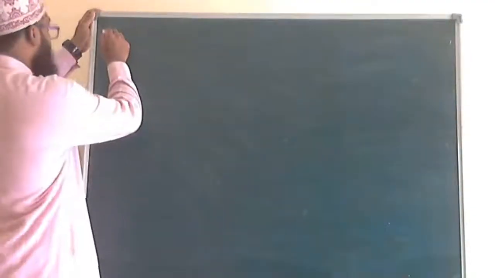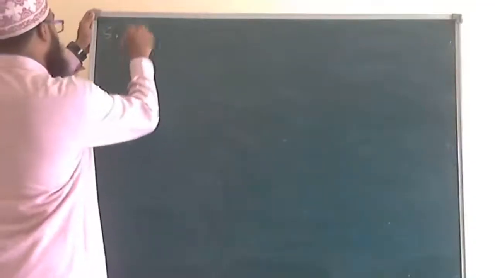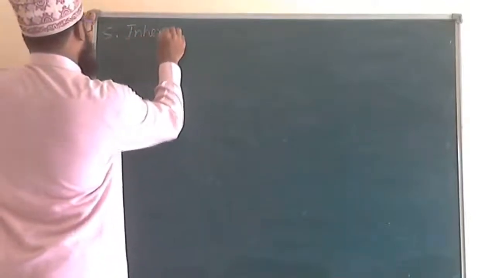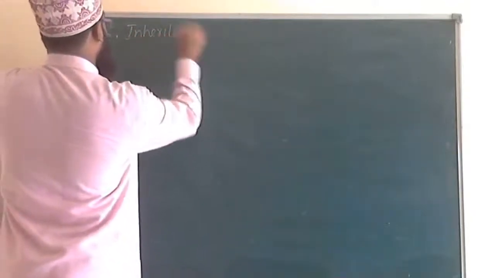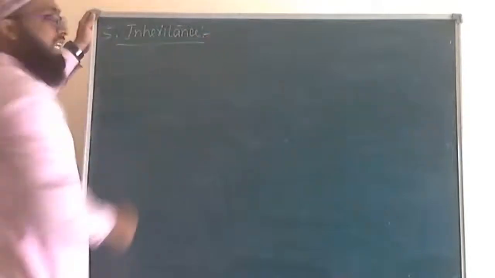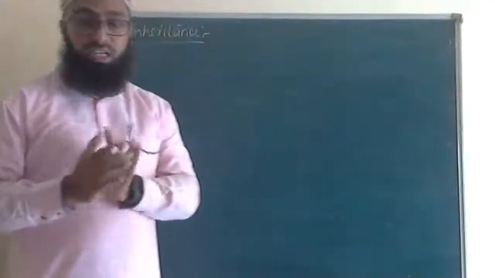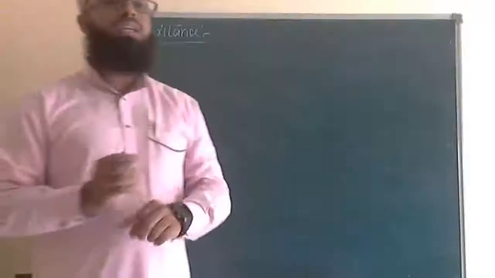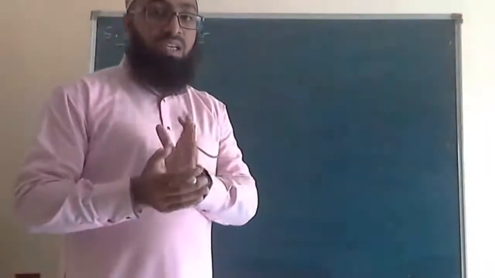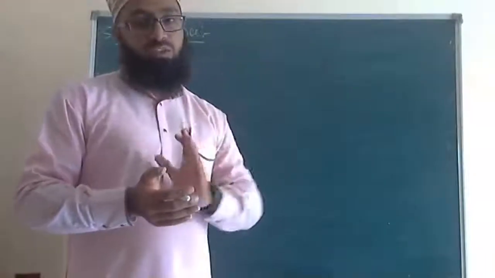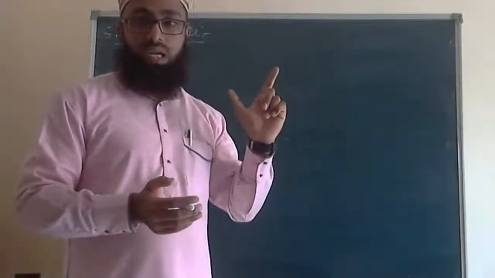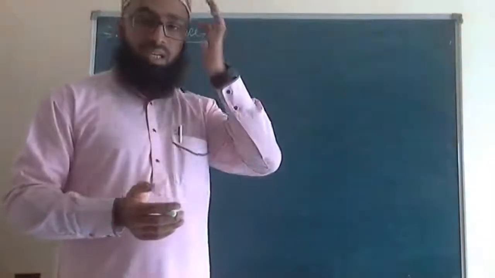Okay, the object class. Then inheritance. What is meant by inheritance? Inheritance means creating subclasses from an existing class. A class is created with the help of the old class, that is called inheritance.